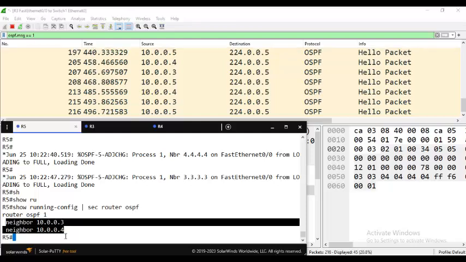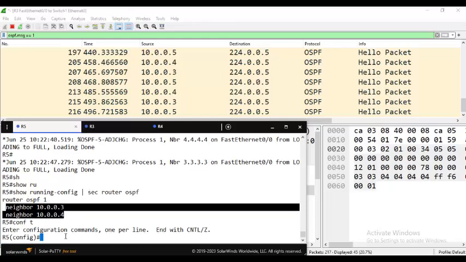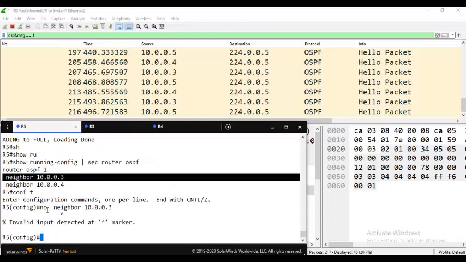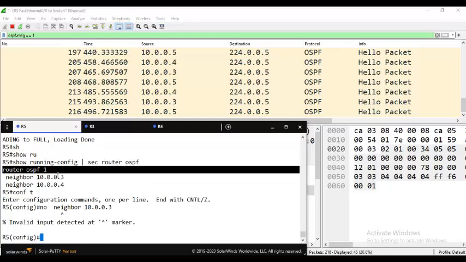Oh no, I did not clear it properly. That's why I'll shut down the interfaces one more time.